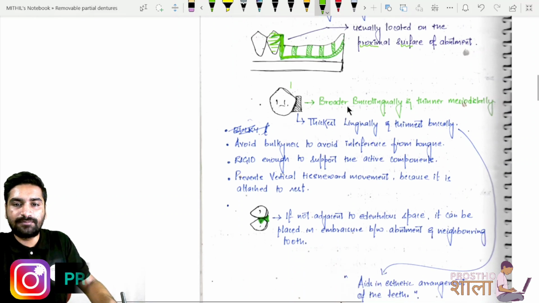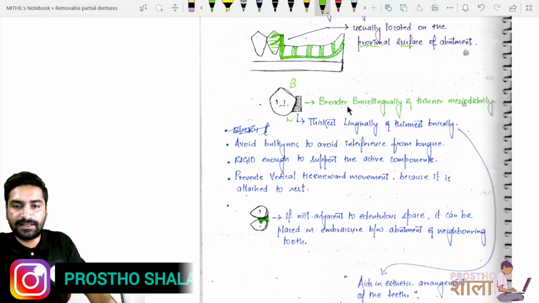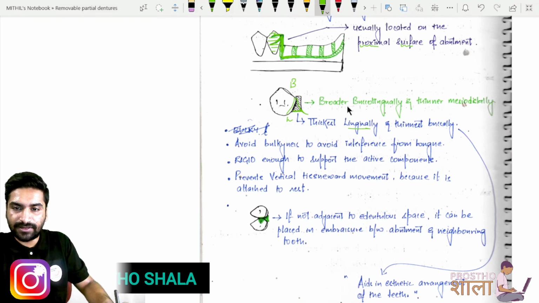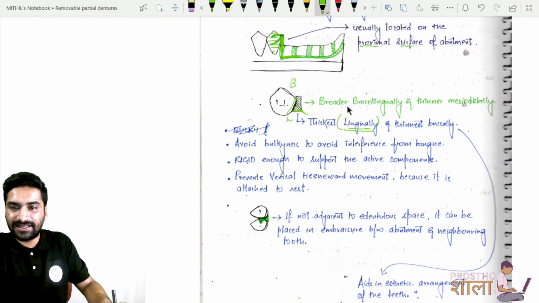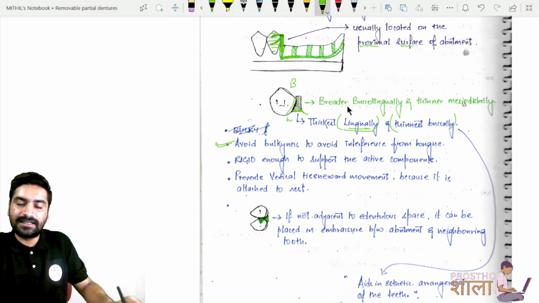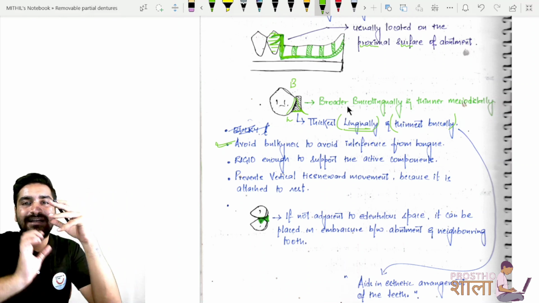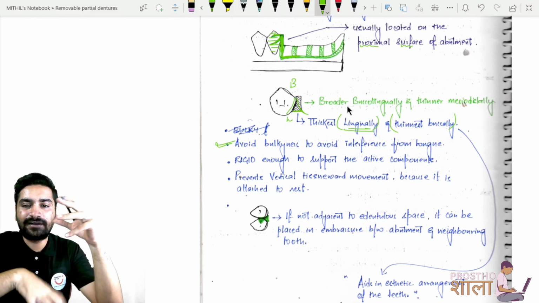In a buccolingual section, lingually they are broad because we have wider lingual embrasures than the narrower labial embrasures. So it is thickest in the lingual area and thinnest in the buccal area. We need to avoid bulkiness as much as possible so that the tongue is not interfered with.